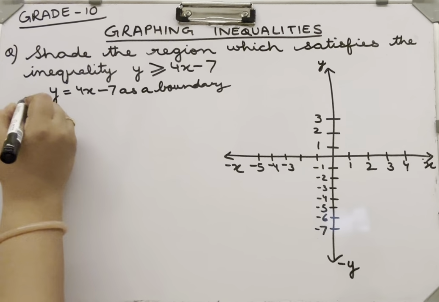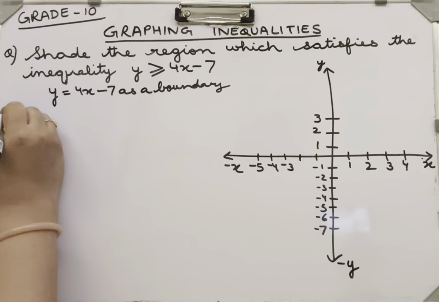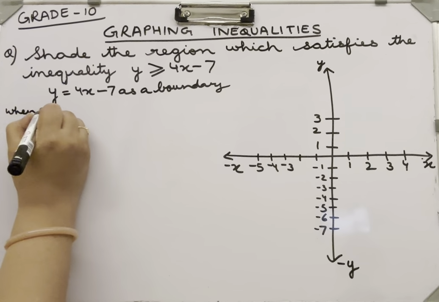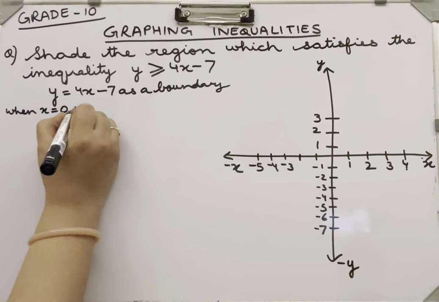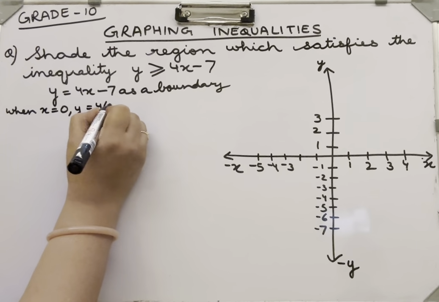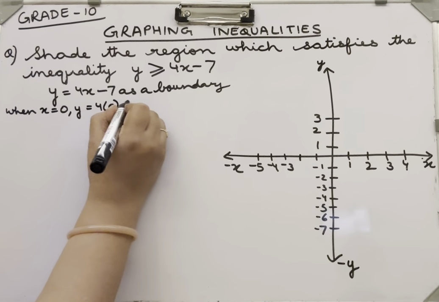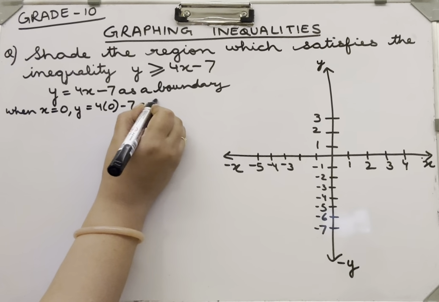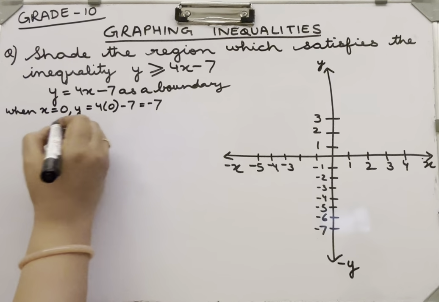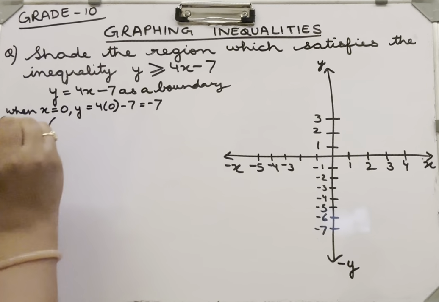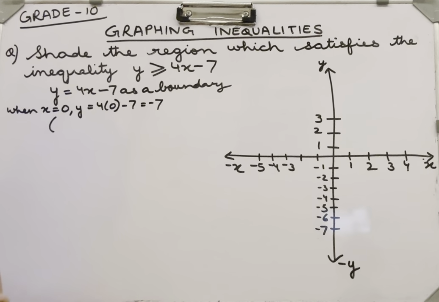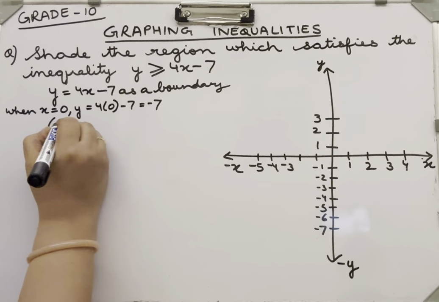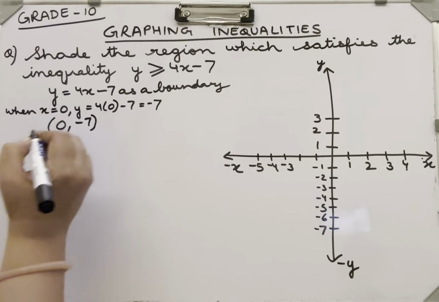So let's begin. When x is equal to 0, then y will be 4 multiplied by 0 minus 7, which is minus 7. So the coordinate values of x, y satisfying this equation, y equals 4x minus 7, are 0, minus 7.